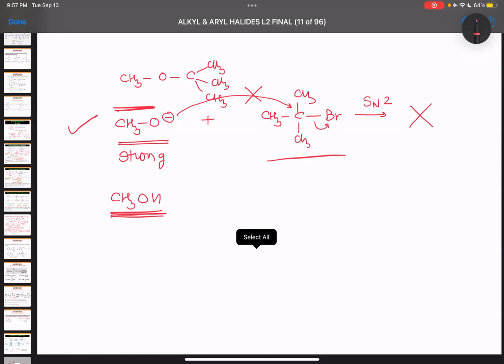So if it is a stable molecule, it is a nucleophile. If it is ionized or having a charge, most likely it is a base, or it can be. So now you need to look at the structure of this. If it is strong, then the mechanism will be bimolecular, SN2 or E2.